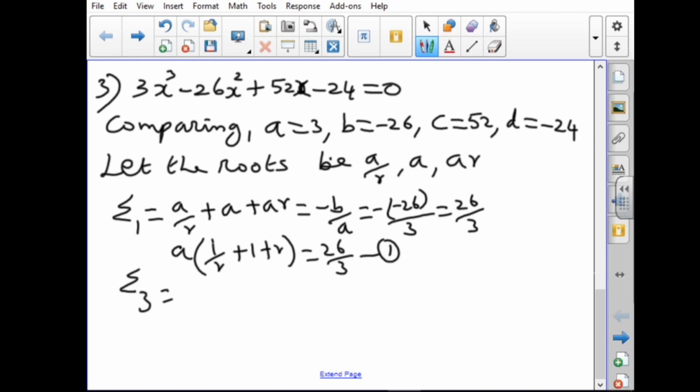Sigma 3 is equal to A by R into AR, and this is equal to minus D by A, so it is equal to minus of minus 24 by 3, which is 24 by 3, that is 8.